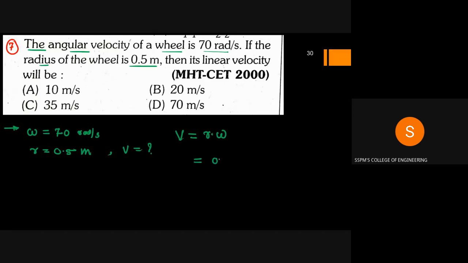So here r is 0.5 into 70, so this is 35 meter per second. So the option is option C. You should know this formula to solve the problem. You can take the screenshot directly.